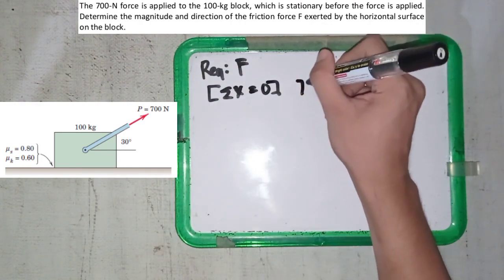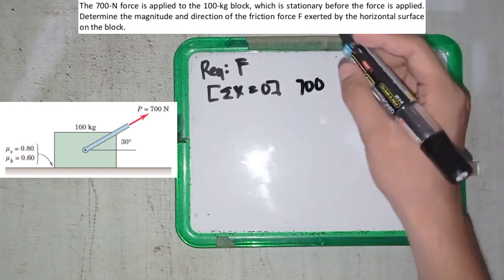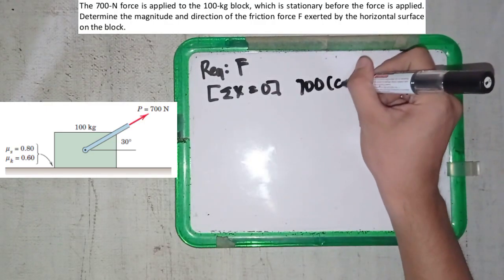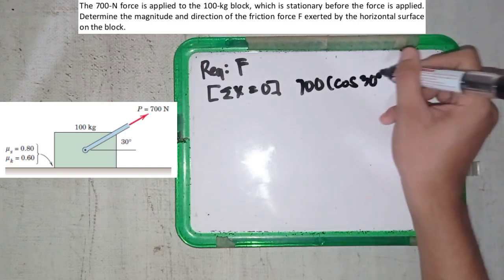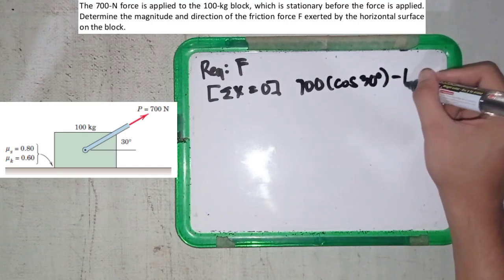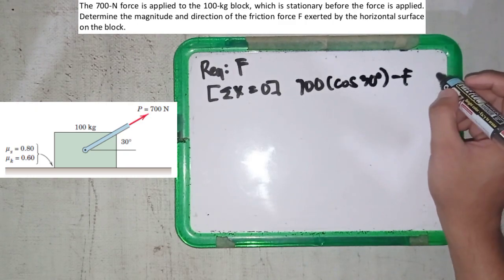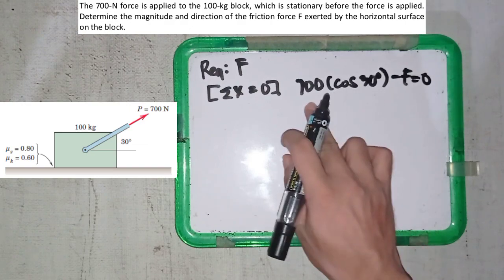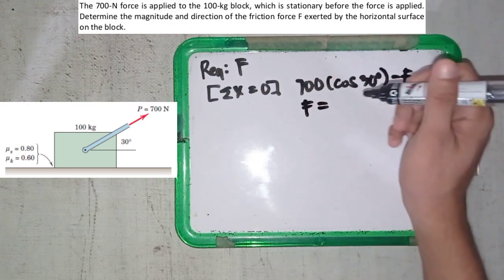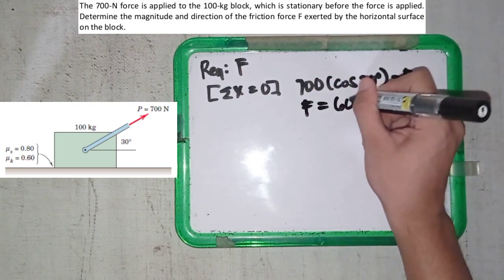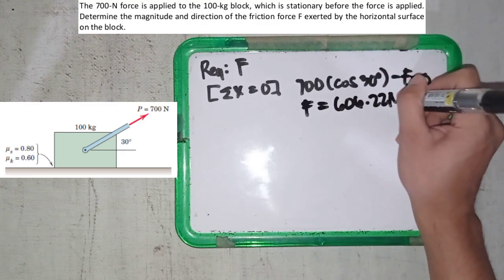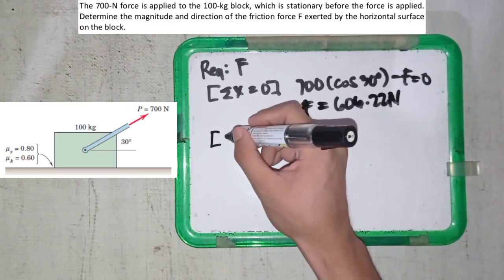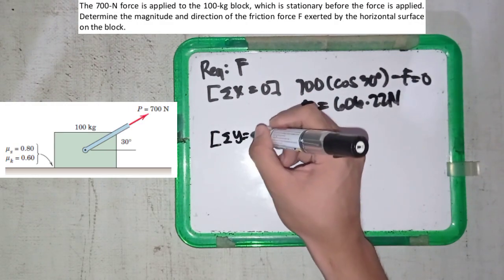This will be the 70 newtons, and from its angle, this will be cosine 30 degrees, minus the friction force, is equal to 0. And if we solve this, the friction force is equal to 606.22 newtons. And next is for the y axis, or the sum of all y forces.